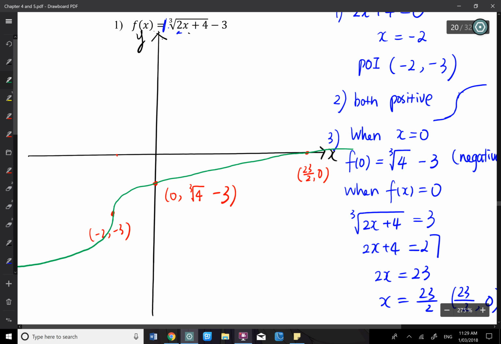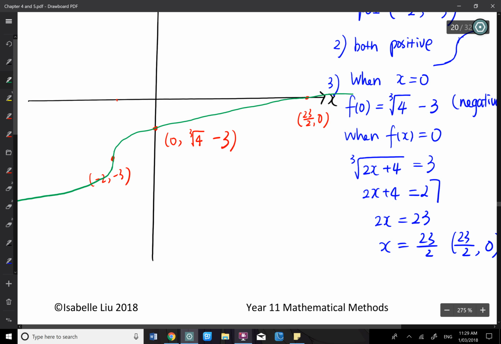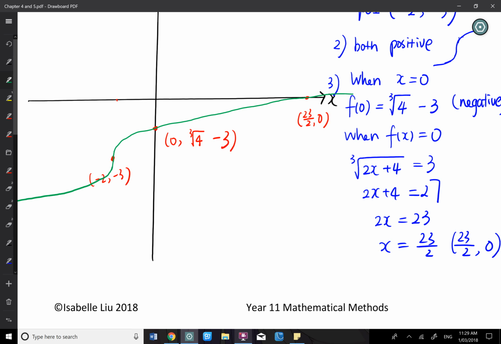Don't forget that's a point of inflection there. You need to show that you know there's a point of inflection, not necessarily a perfect shape, but you need to see the curve.